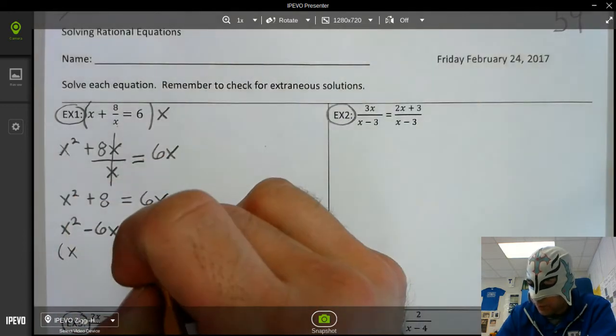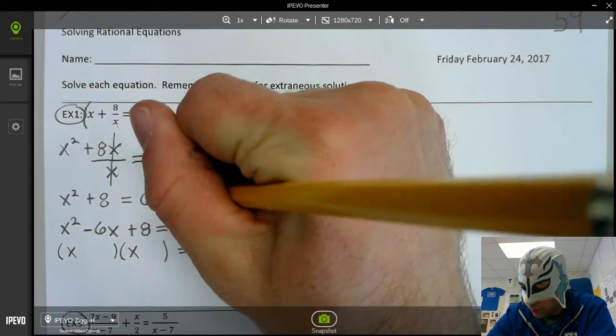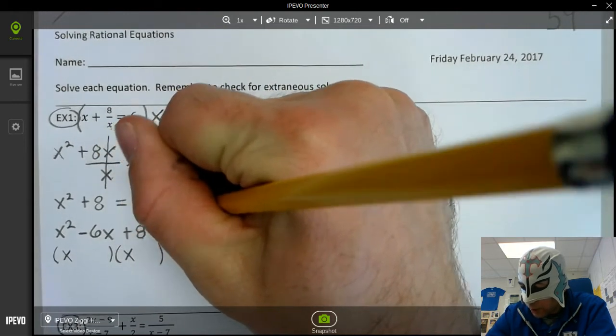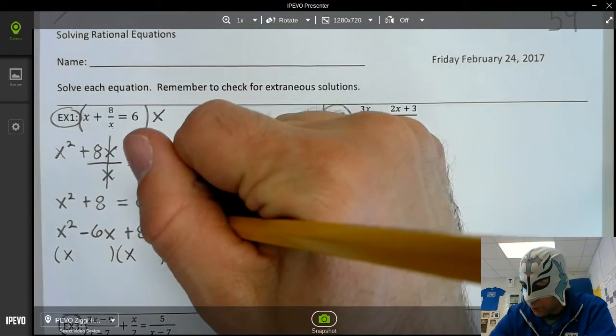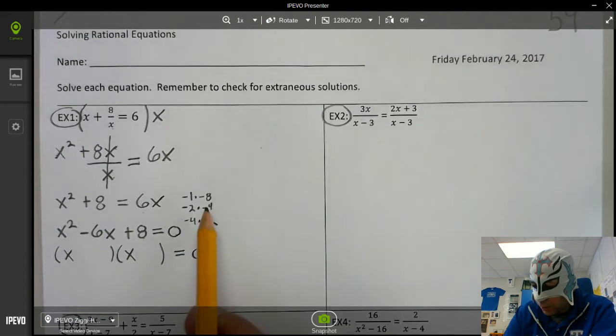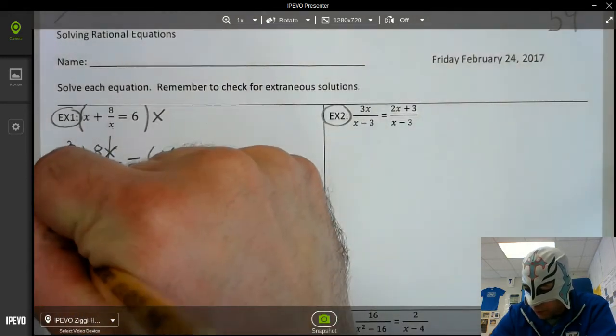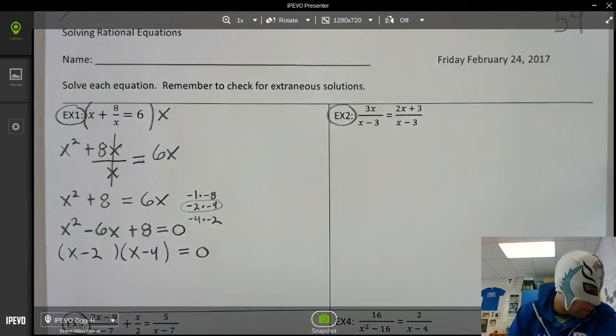So since the last number is positive and the middle number is negative, both numbers are going to be negative. So negative 1 times negative 8, negative 2 times negative 4, negative 3 doesn't work, negative 4 times negative 2. Okay, so now we look, negative 4, negative 2 combined to be negative 6, so our factors are x minus 2 and x minus 4.